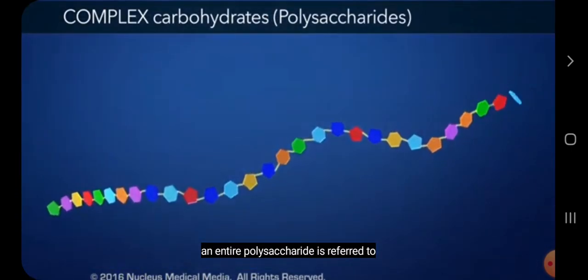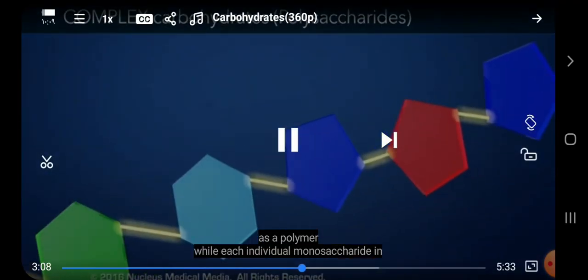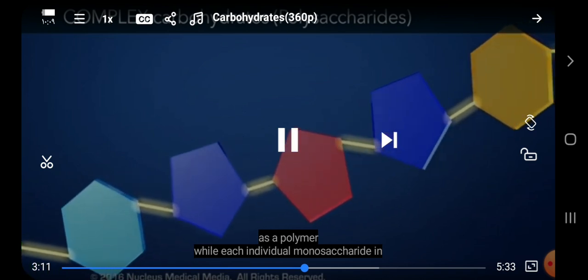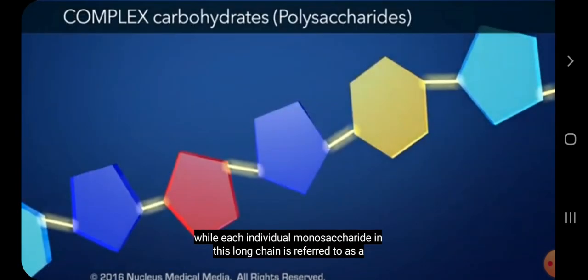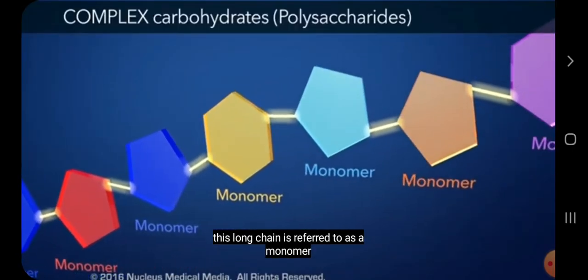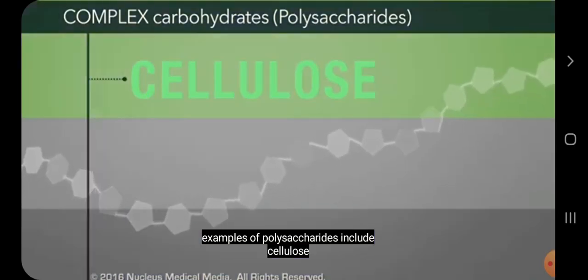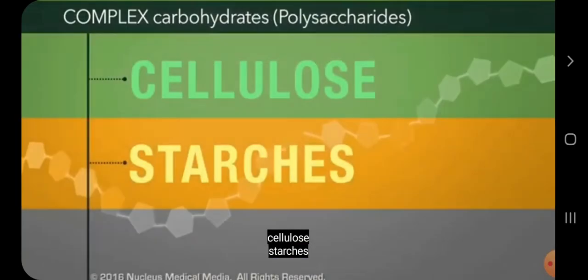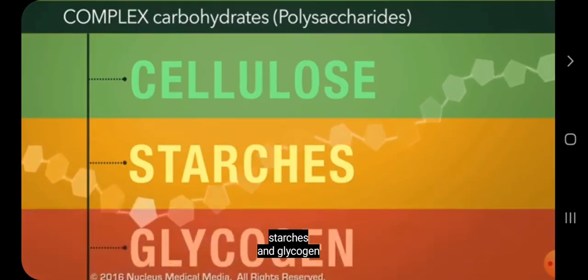An entire polysaccharide is referred to as a polymer, while each individual monosaccharide in this long chain is referred to as a monomer. Examples of polysaccharides include cellulose, starches, and glycogen.